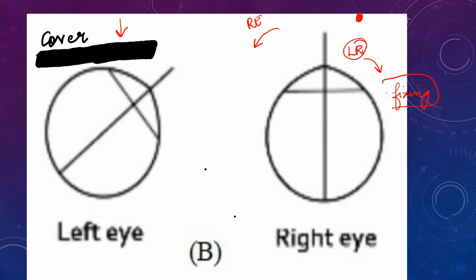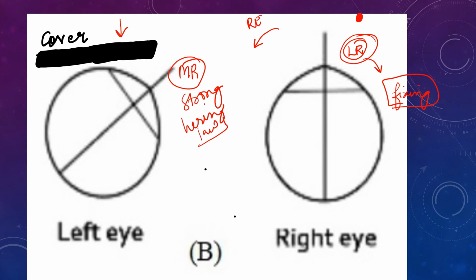But because of Hering's law, what will happen? The medial rectus of the left eye will also get that strong innervation, right? The right eye lateral rectus had to do so much work to pull the right eye toward the center, and therefore the medial rectus will also get that strong innervation. And what will happen to the left eye behind the cover? The left eye will now assume this eso deviation, right?